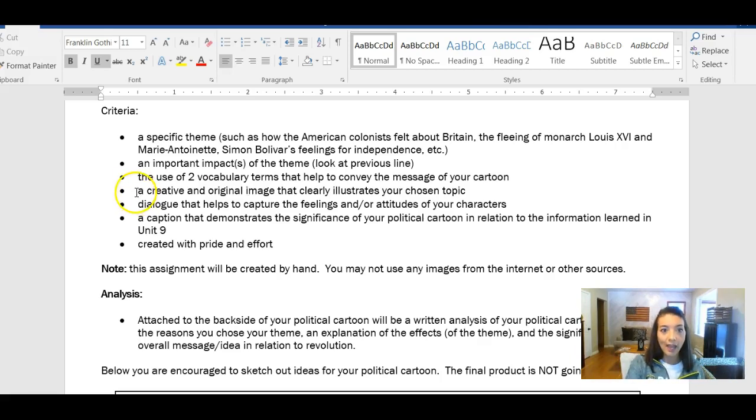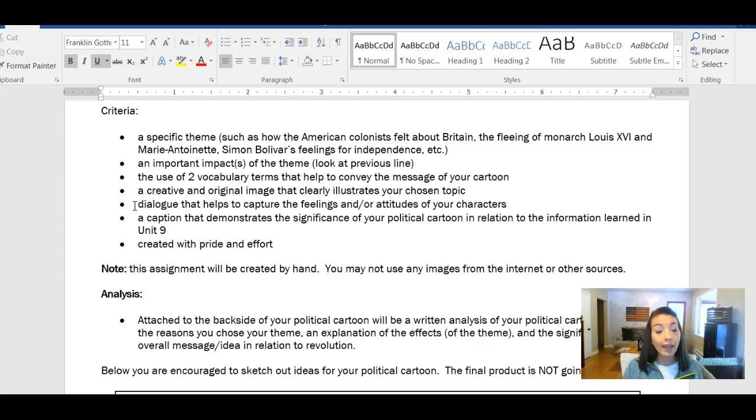Okay? The fourth bullet says a creative and original image that clearly illustrates your topic. So I don't want any cutting and pasting from the internet. I want you guys to put your artistic or your non-artistic skills to use, okay? Also on the political cartoon, you are going to write dialogue.